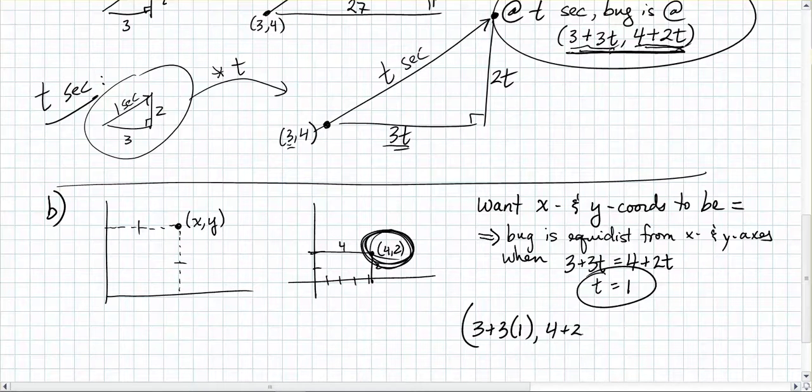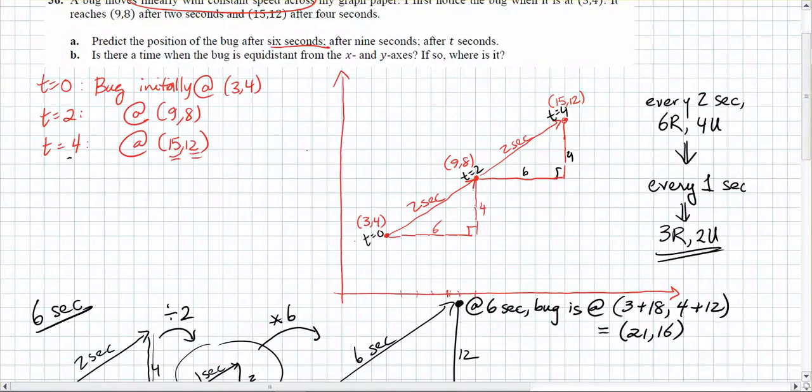4 plus 2 times 1. That is a 6, which is good, because that would be 6 units from the y-axis, 6 units from the x-axis. That's really all I wanted you to figure out. I realized that you may have stumbled upon 6, 6, just as you were working out this problem.